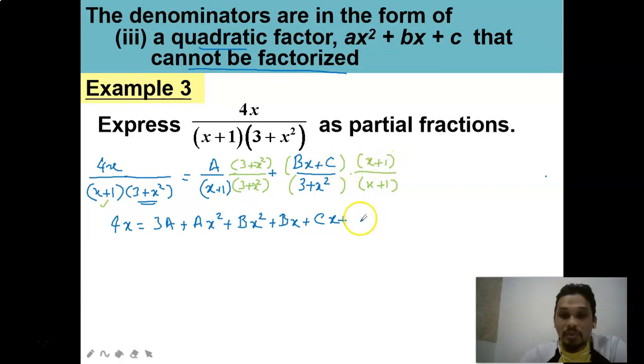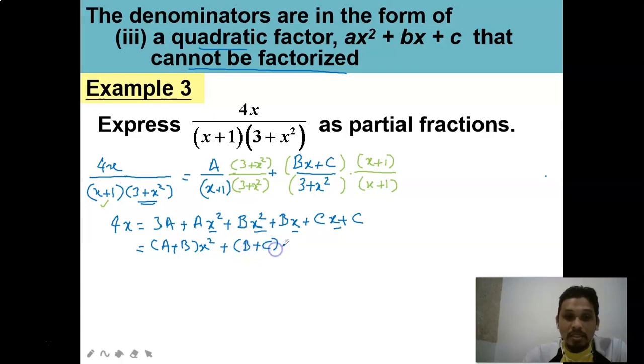And C times 1 equals C. Now we arrange the coefficient of x² together: (A + B)x², then the coefficient of x, which is (B + C)x, and the constant 3A + C.